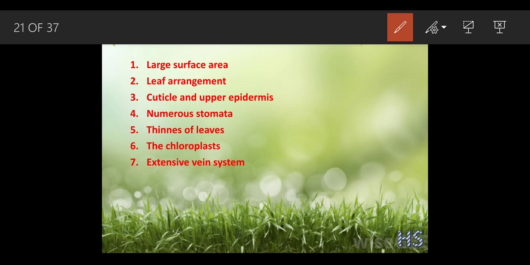They say leaf arrangements. During daytime, many of the leaves of the plants are exposed to sunlight, like this, so that the leaf gets a lot of sunlight.